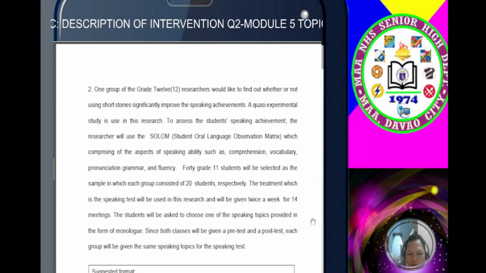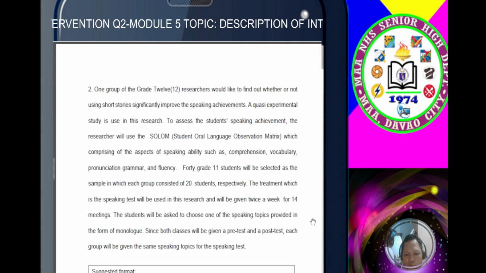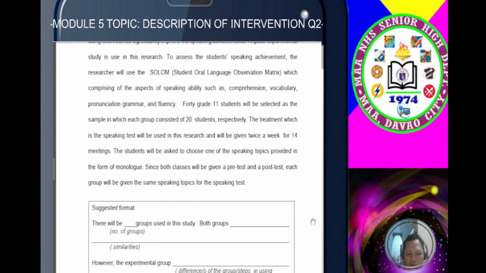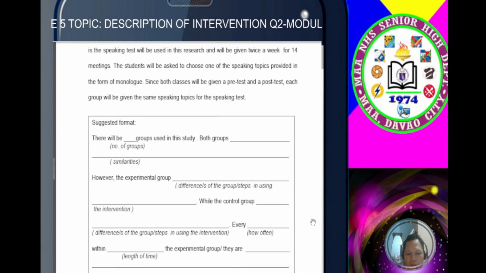Since both classes will be given a pre-test and post-test, each group will be given the same speaking topics for the speaking test. Okay, so the same process: give here your detailed intervention following this format. You can start now.